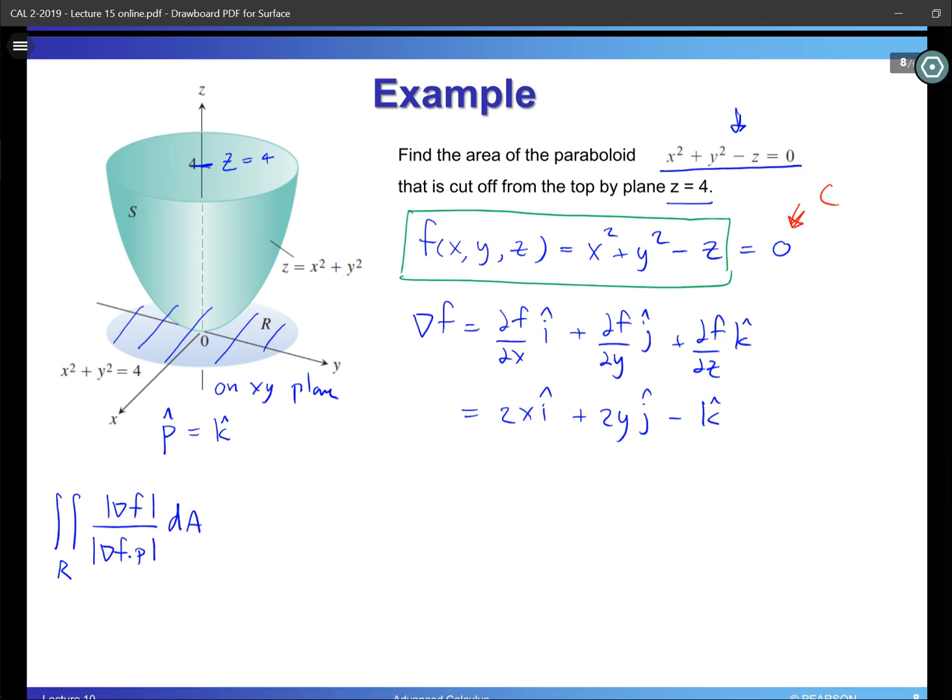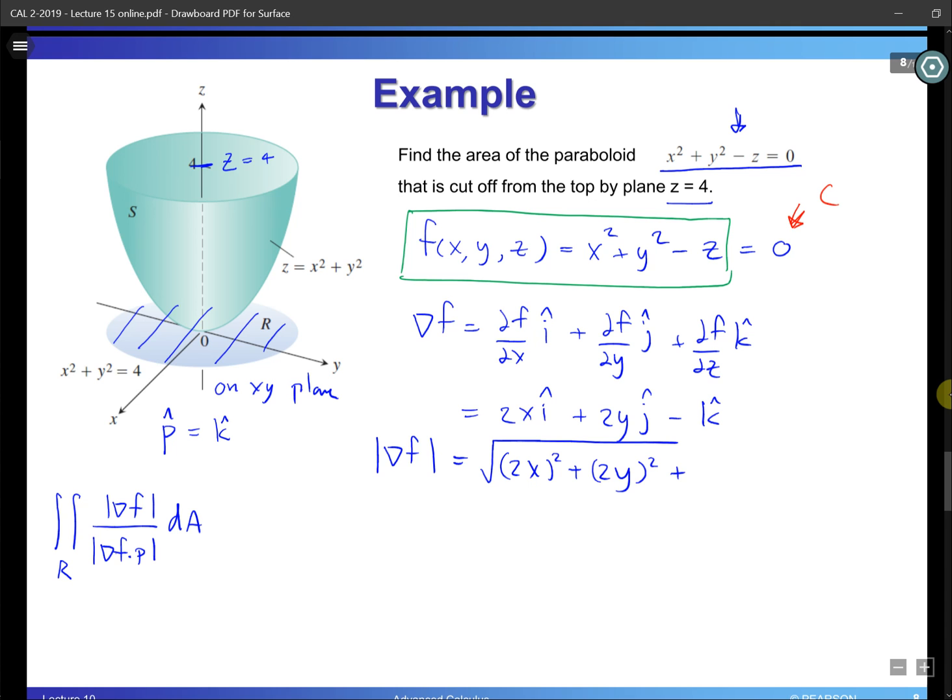Now let's find the absolute value of gradient of f. The absolute value of gradient of f is going to be equal to the square root of (2x) squared, each component squared and combined together, plus (2y) squared plus (minus 1) squared. And this is going to be equal to the square root of 4x squared plus 4y squared plus 1.